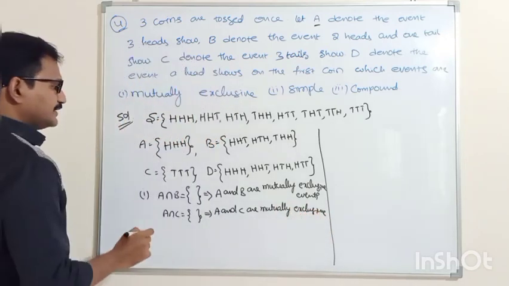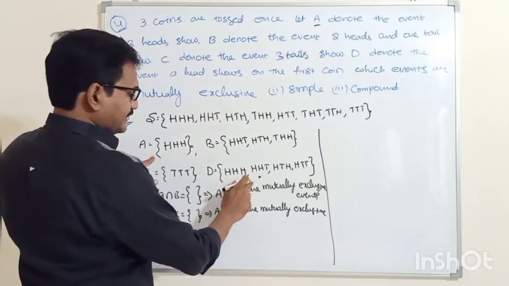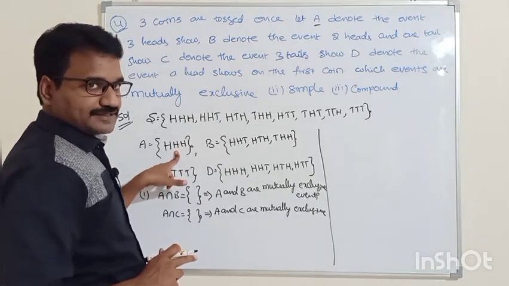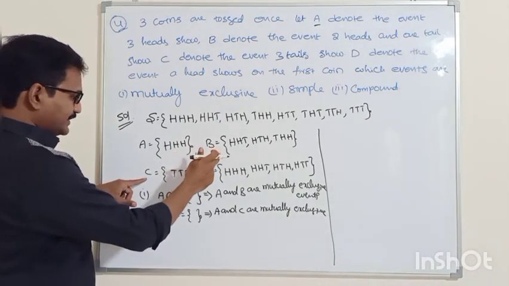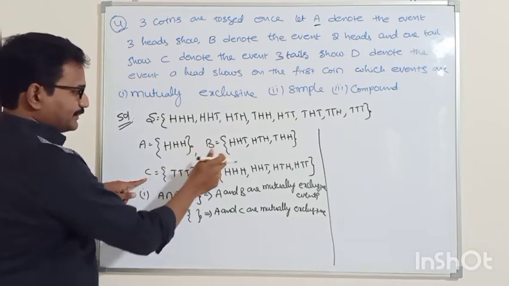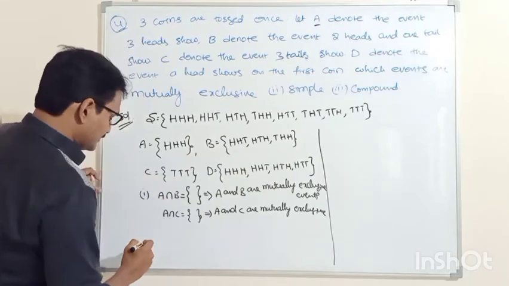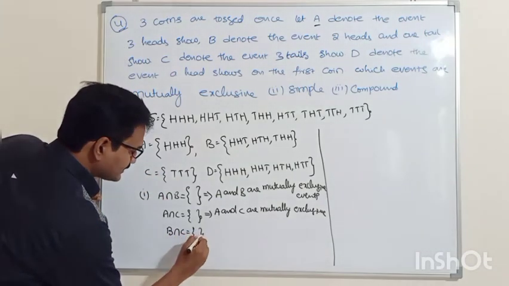Next, A and D. For A and D, triple H is common. So it is not a null set. Therefore, A and D are not mutually exclusive. Next, take B and C. Is there any common element between B and C? Here triple T is there, here triple T is not there. So B intersection C is a null set.